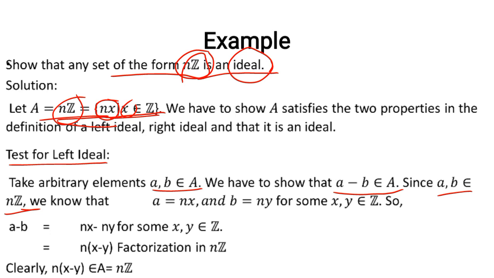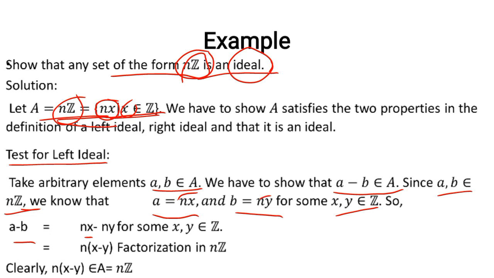So a could be nx and b could be ny, where x and y are arbitrarily chosen elements in the set of integers. So what happens? We have a minus b. We know what a is. It is nx.